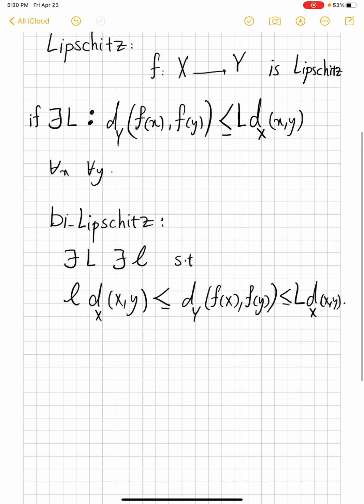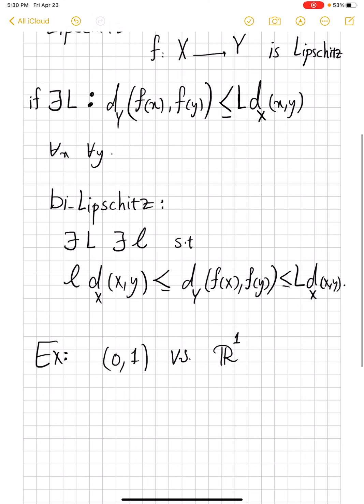Now, for example, we know (0,1) is an open interval, and we know that from a topological point of view, it's the same as R^1 because there is a continuous map with a continuous inverse map that takes (0,1) onto R^1.